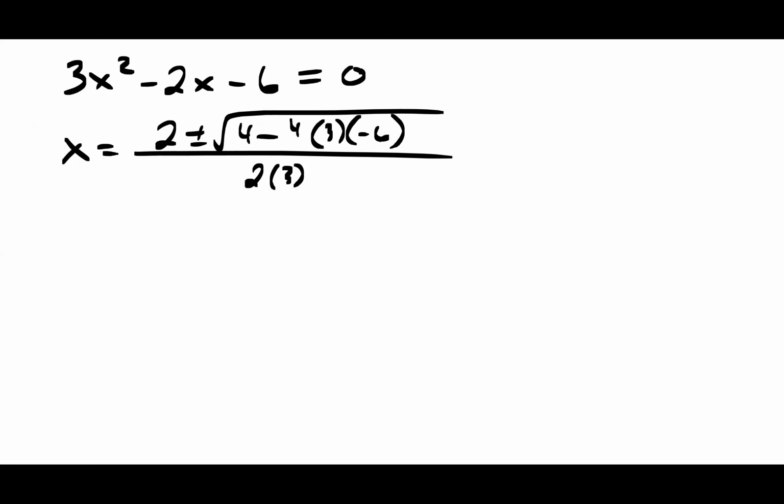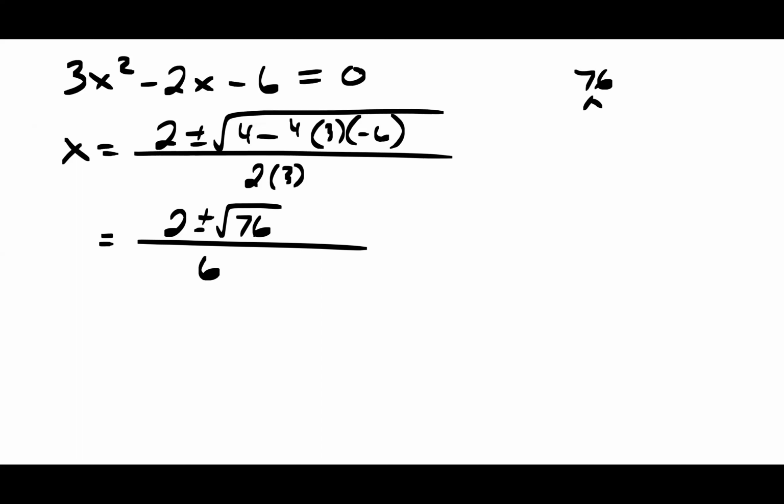If you can stay ahead of me, that's even better. All right, let's go with it. I'm going to finish it up here. So let's see. That's going to be 2 on the outside. That's going to be 76 by the time it's done. It's 72 plus 4, or 4 plus 72 is 76, all over 6.